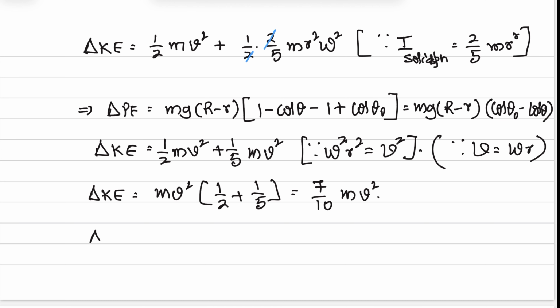What is the change in potential energy? Even cos theta naught minus cos theta, we can even write it as cos theta minus cos theta naught, because it is a difference only. We are getting v square only from this. Now, we can write it as mg into R minus r into, if cos theta is greater than cos theta naught, then cos theta minus cos theta naught.